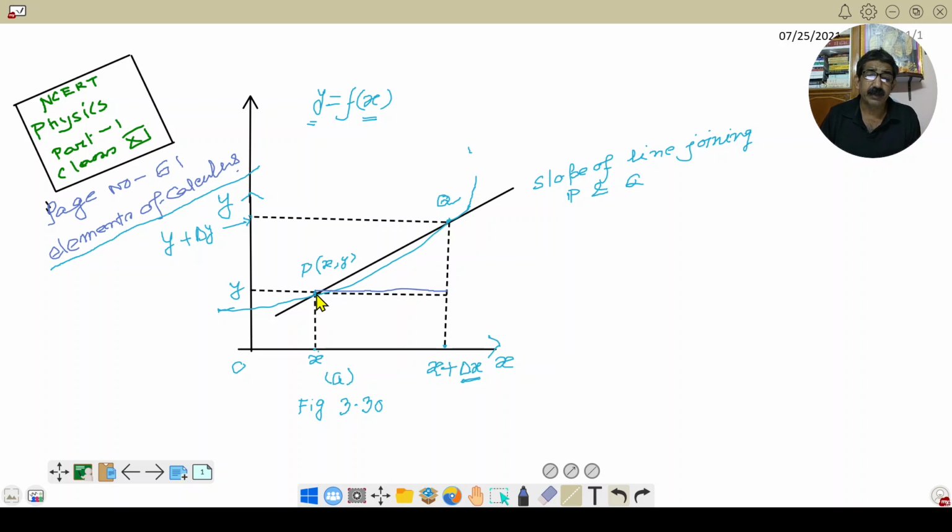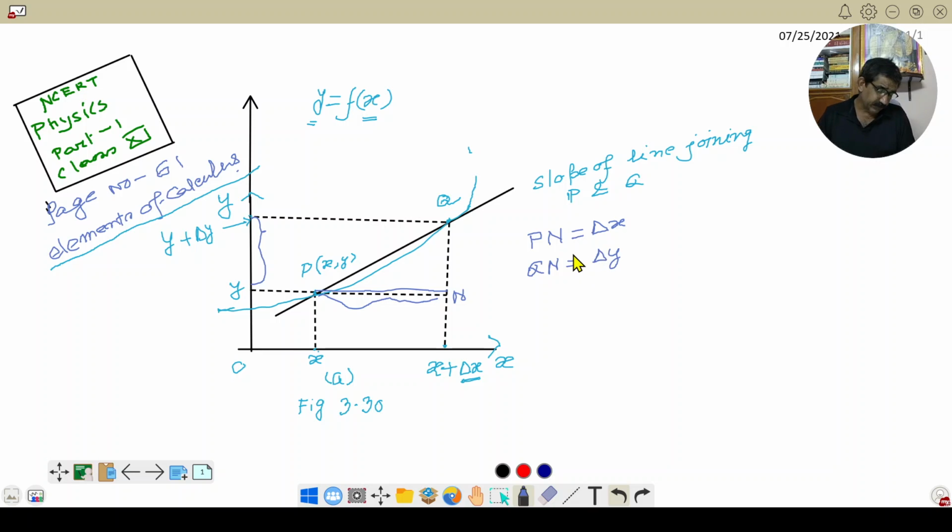From P to this end, suppose this is N. According to our drawing, PN is equal to delta x and QN is equal to delta y, because up to this is y plus delta y. So this increment is delta y and this increment is delta x.